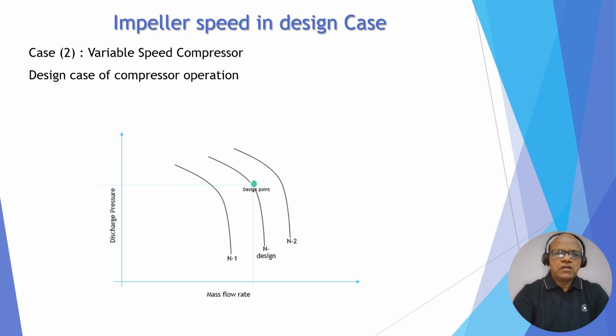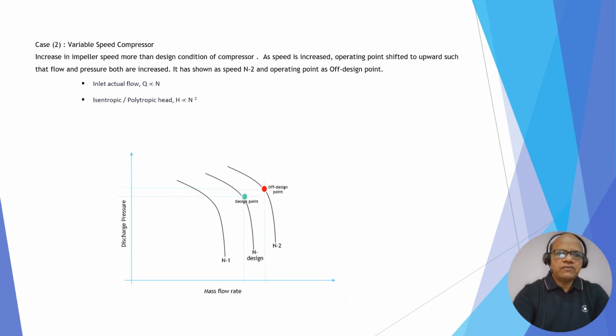Now let's take the case of increase of impeller speed. Earlier this was the design point, now because the speed has increased, we have another curve, that is N2.